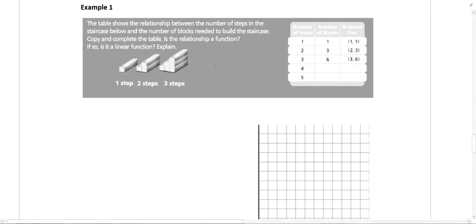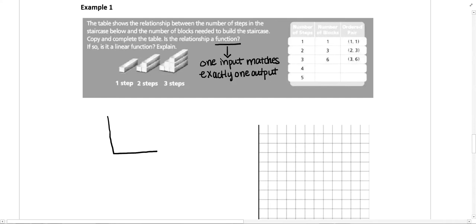Before we do that, let's remind ourselves what it means for something to be a function. We did this in the last video in 2.2. Basically it said one input matches onto exactly one output. You may remember we talked about the function machine.